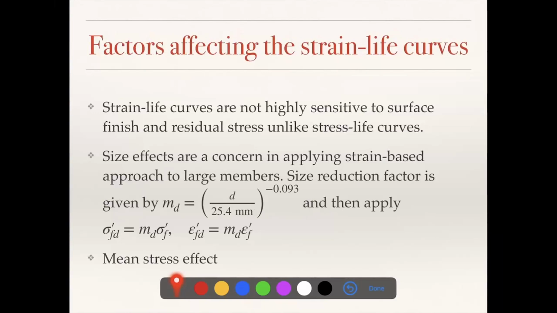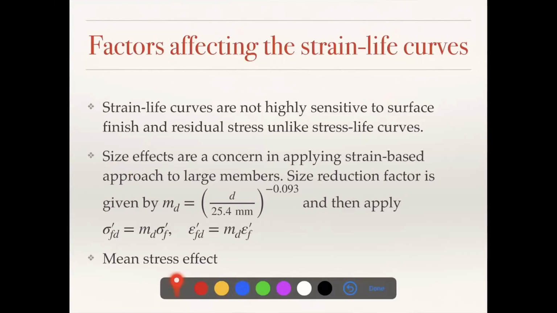The strain life curves that we have seen are not really sensitive to surface finish and residual stresses, unlike stress life curves. That is why for stress life curves we have several correction factors for surface finish, temperature and so on. Strain life curves are not sensitive to that, but size effects are a concern. So the size factor needs to be taken into account.